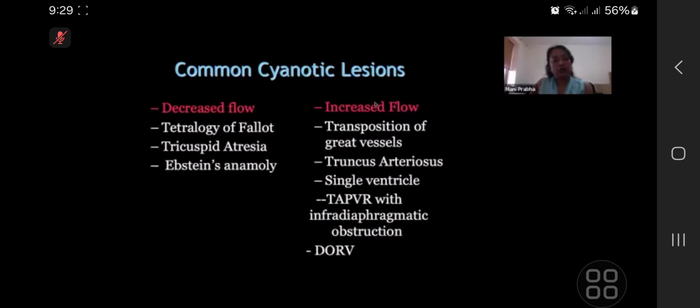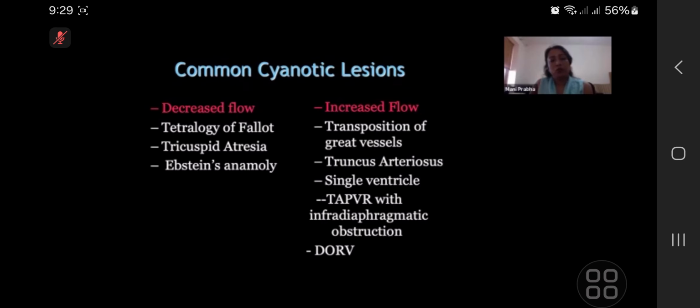Common cyanotic conditions can present with decreased flow and also with increased flow. Those presenting with decreased flow, or pulmonary oligemia, are tetralogy of Fallot, tricuspid atresia, and Ebstein anomaly.